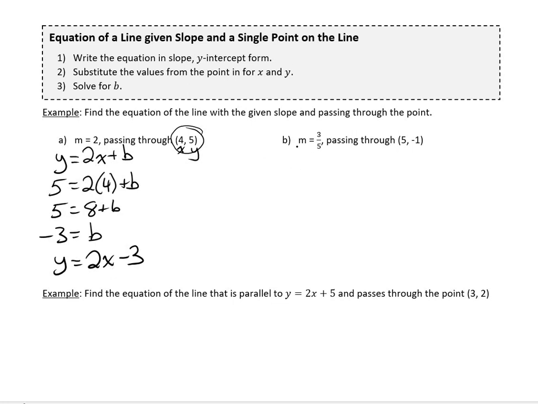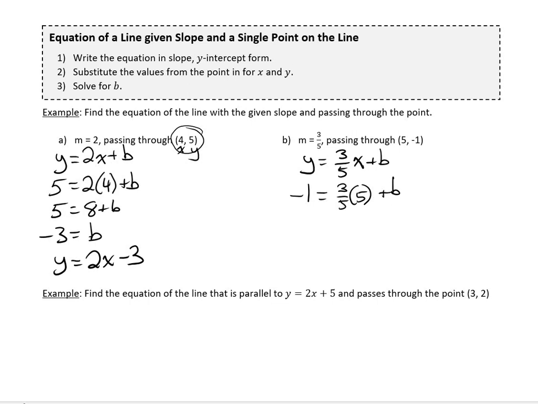We have another example for b. This time we have a slope of 3 over 5. So again, y is equal to 3 over 5 x plus b. We're going to take the x and y values from our point. So negative 1 is equal to 3 over 5 times 5 plus b.